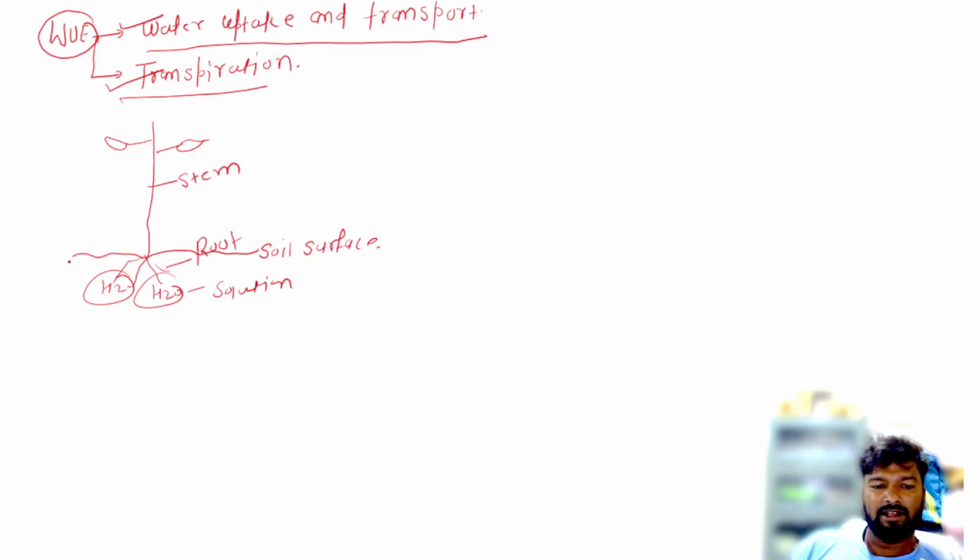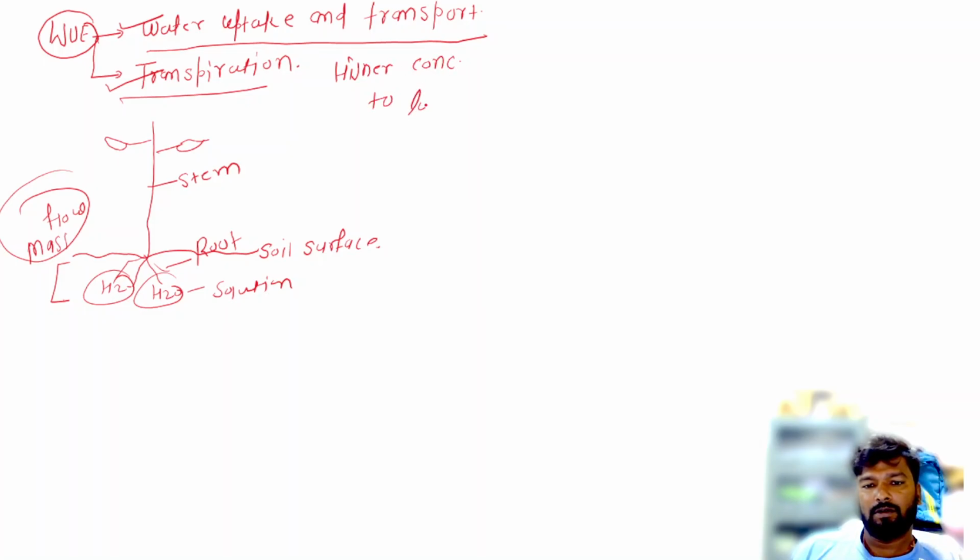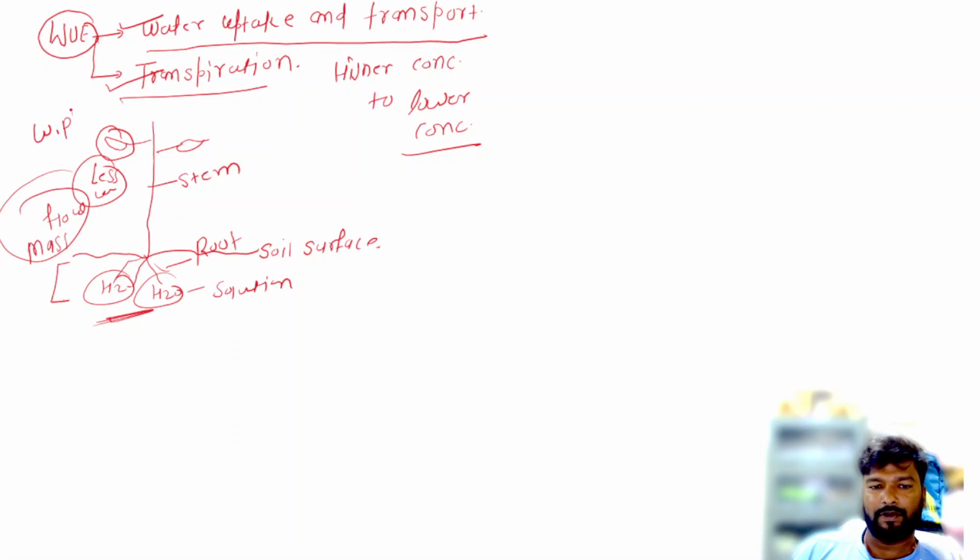So in the soil, water moves by mass flow and by diffusion, and you know that water always moves from higher concentration to lower concentration. So the soil has high water content and the leaf surface has less water concentration or less water potential.